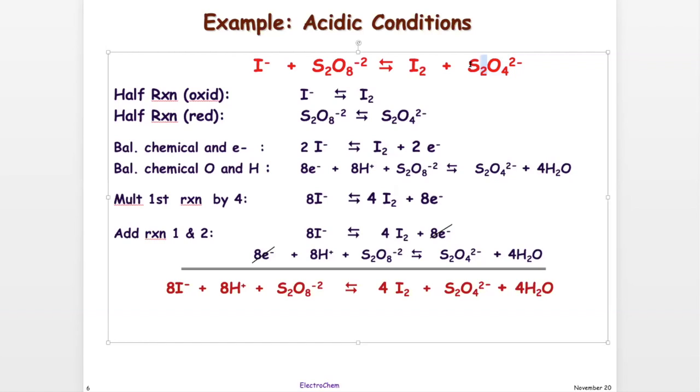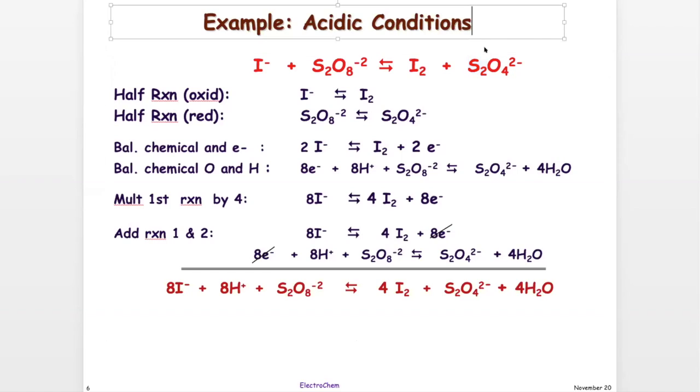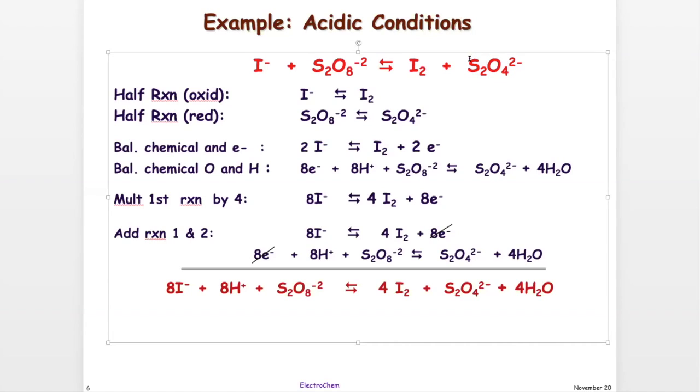That means that this sulfur is probably a positive, let's see, 8, positive 7, positive 6. 6 divided by 2 is positive 3. So if you have a positive 3 here, that will make that positive 6, and a -8 here, that gives this whole thing a -2. So what we're doing is we're going from positive 7 to positive 3, and so that's a reduction process.